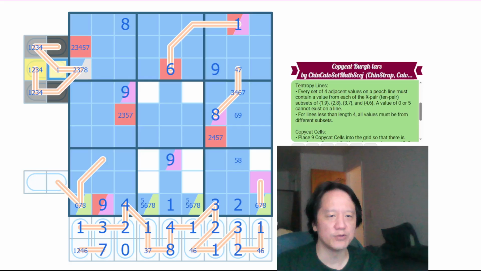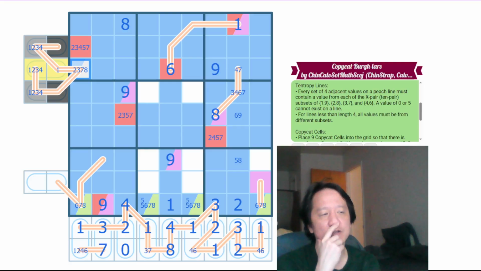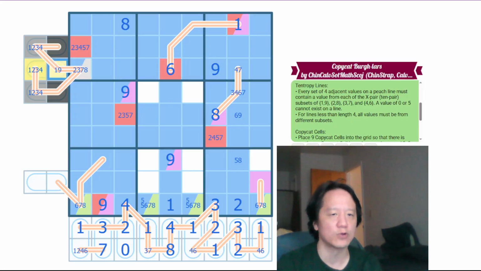I'm thinking the 3 could be a 19 here, though. Again, 3 would count the 9, so it can't add up to 11. To 19, it would have to be 3, 7, and 9, which it could be. So 3 works. So right now, this is 11 and 19.